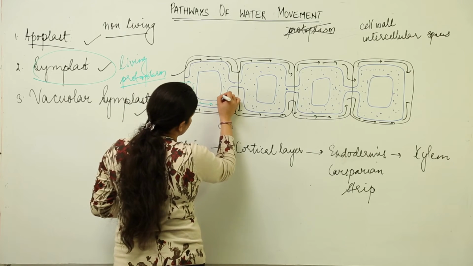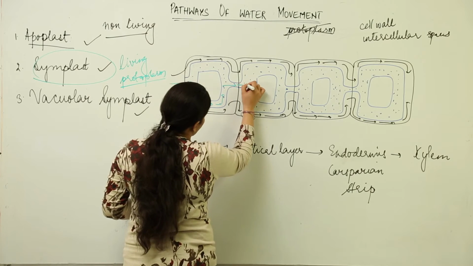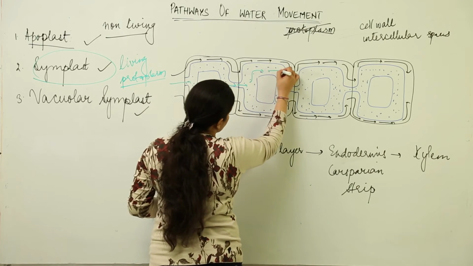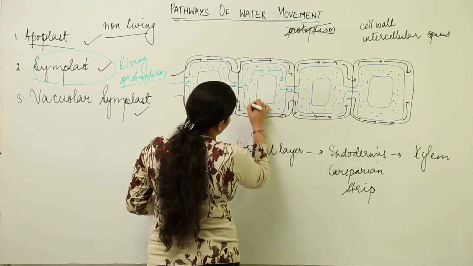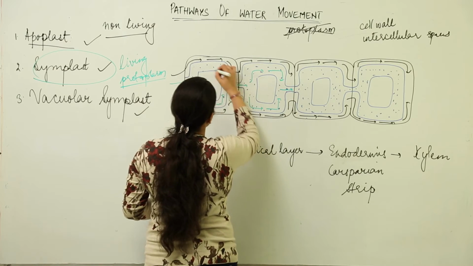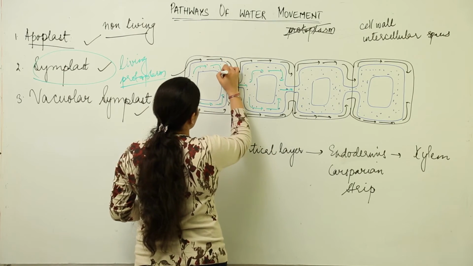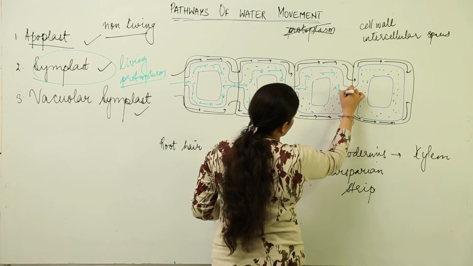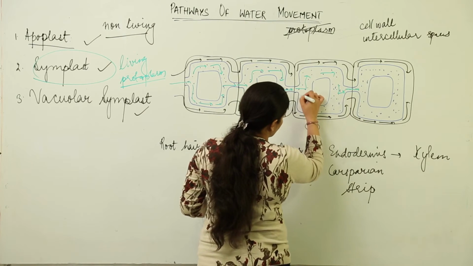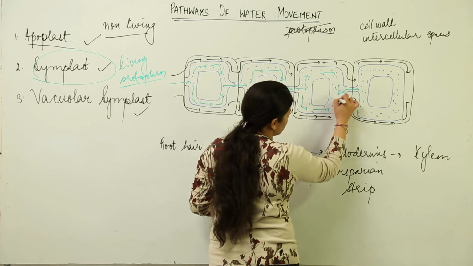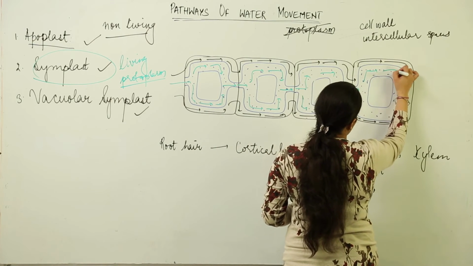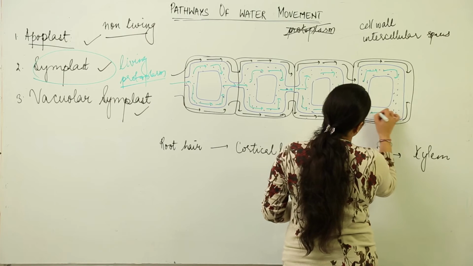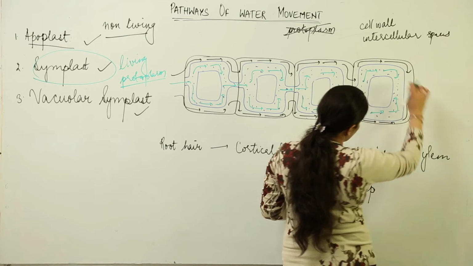It would go like this. The protoplasm and plasmodesmata of the cell would be involved. The water, according to its osmolarity, would move into the interconnected protoplasms through plasmodesmata. As you can see, I'm going to do the labeling as well. It is going to pass through this passage.